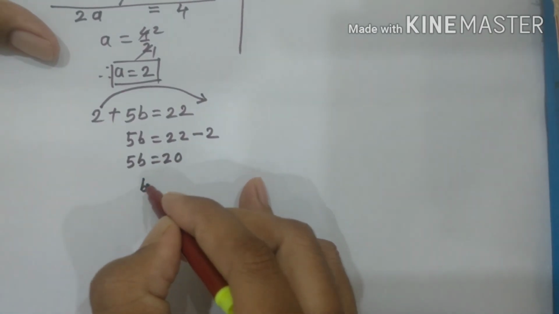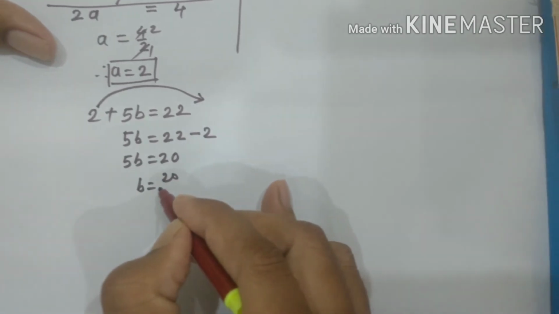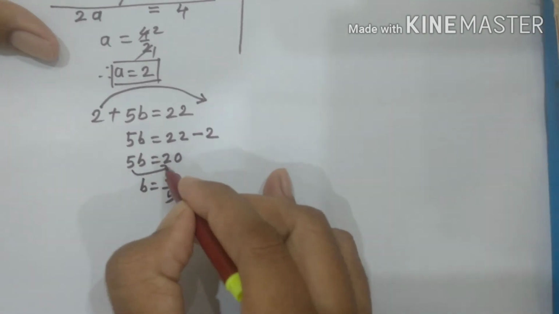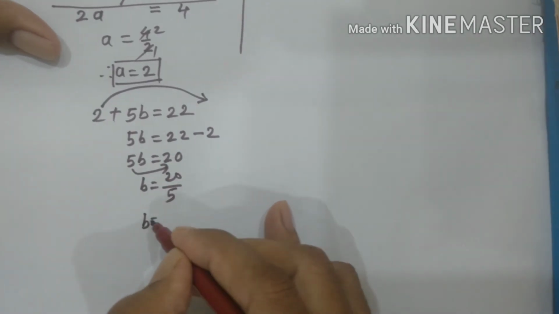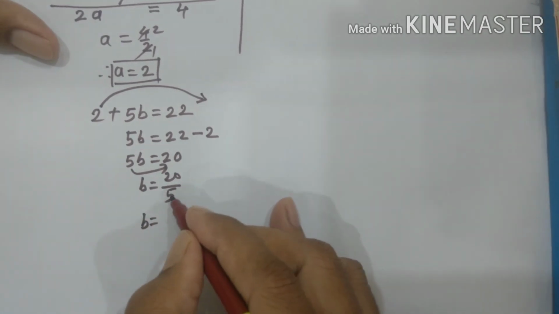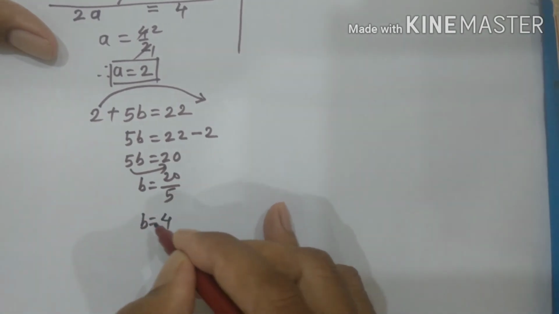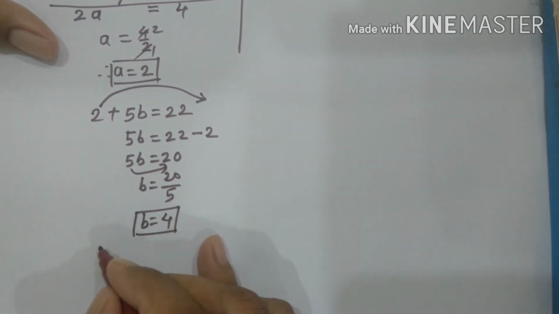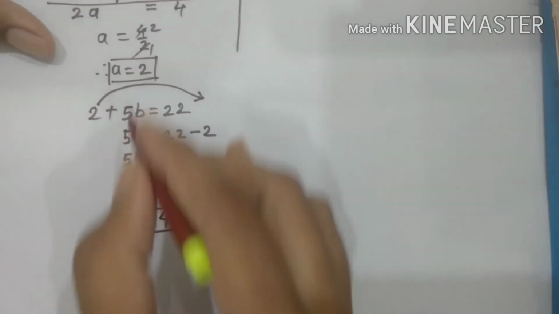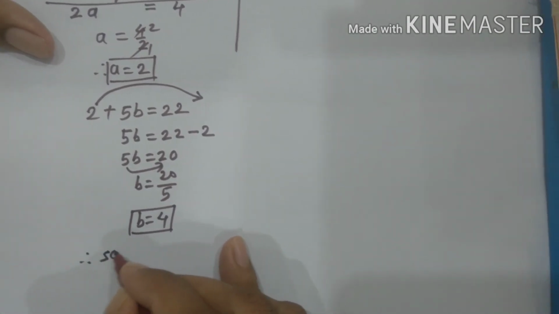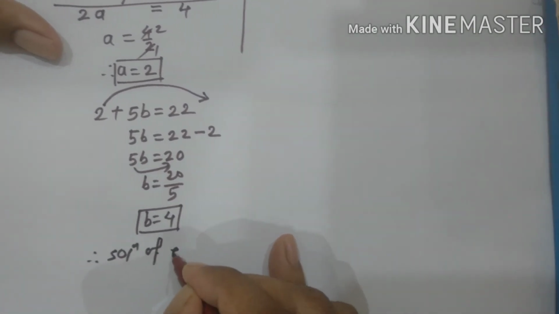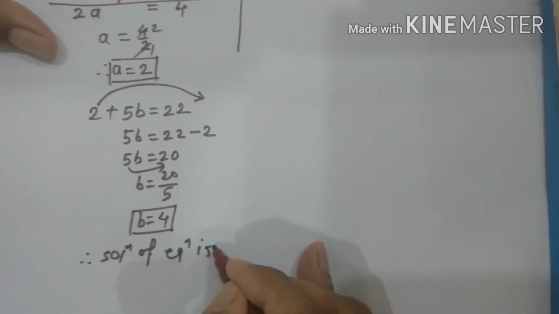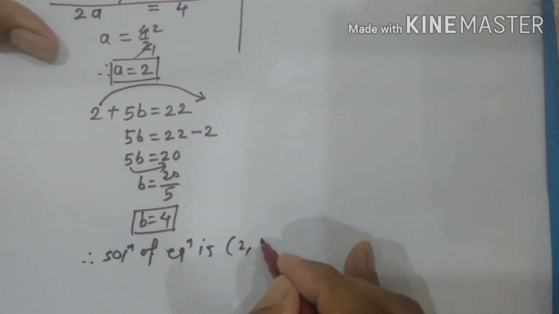Therefore b is equal to 20 upon 5. 5 is transposed. Therefore b is equal to 5 fours are 20. b is equal to 4. Therefore the solution of the equations is 2, 4.